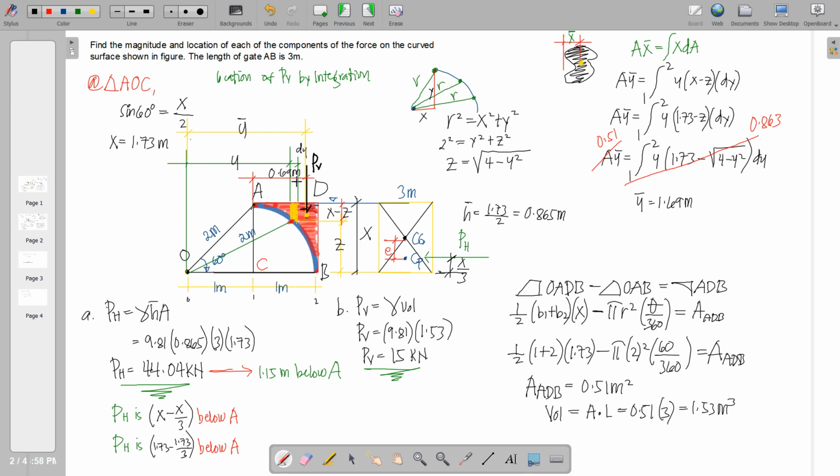So 1 plus 0.69, y bar, 1.69. So the distance from PV to point A is 0.69. So this PV is 0.69 meters right of point A. Okay? So that ends this problem.